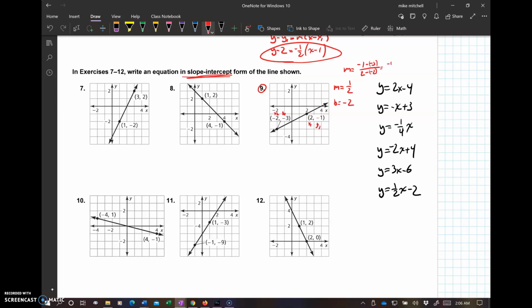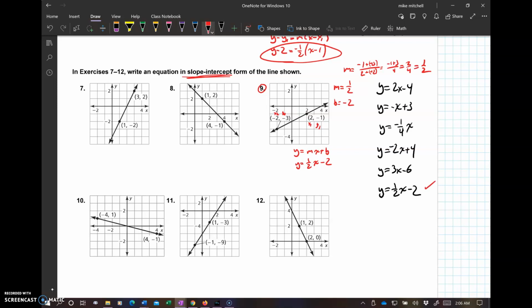That's going to be negative 1 plus 3 over, that's going to go plus there, 4. That gives me 2 over 4, which is 1/2. If you can get it counting it out, it is a little quicker. And then just write it into your y equals mx plus b, your slope-intercept form. y equals 1/2 x minus 2. And there we are down there.